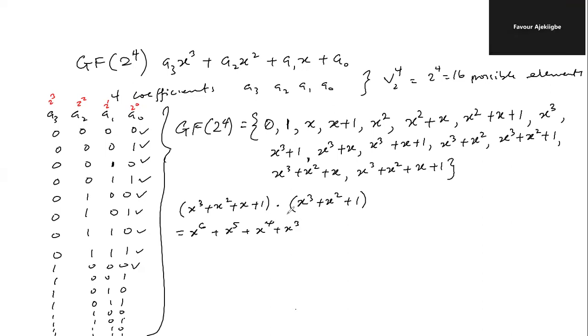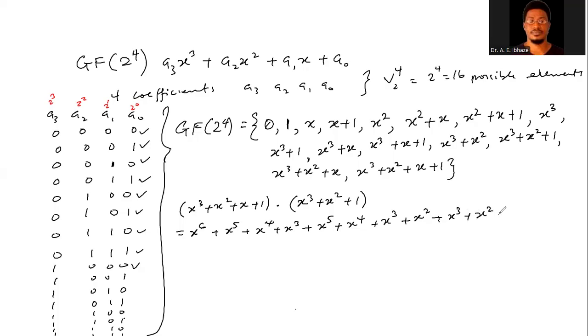So this times this, right? We are done with that. So plus x squared times this, that's x to the power of 5, plus this times this, x to the power of 4, plus x cubed. So this times this plus x squared, right? So 1 times this, x cubed plus x squared plus x plus 1, right?